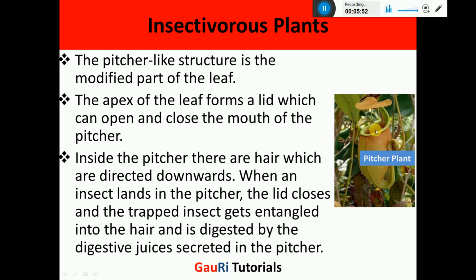Inside the pitcher there are downwardly directed hairs. When insects land on the pitcher, the lid closes and the insect gets entangled in the hairs, and then digestive glands inside secrete digestive juices.